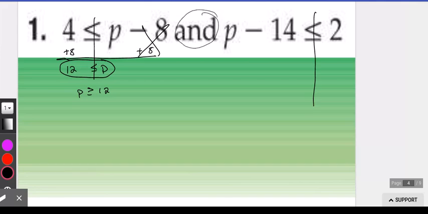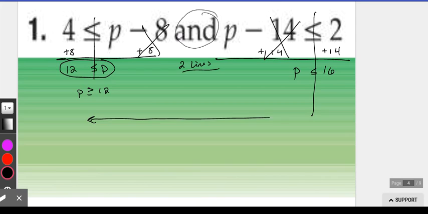I do the second one. For this one, I have to add 14 to both sides. That's 0, and I get 16. So let's put this on the graph. Now it's an and, so remember, I'm looking for 2 lines on my graph. So there's 12, 13, 14, 15, 16.